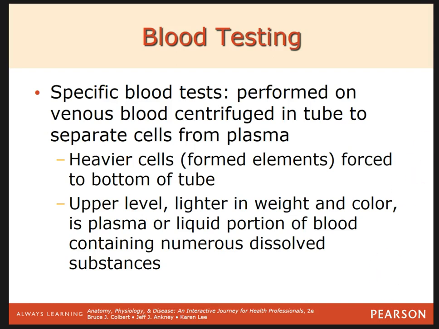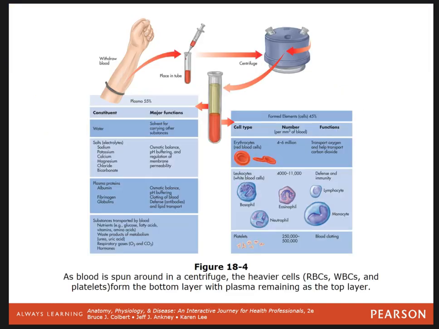So the upper level is going to be much lighter in weight and color, more plasma or liquid part of the blood. So in your book, there's this photo. The blood is drawn from the vein and put into a test tube and put into the centrifuge where it's spun around, and it separates out the components. So here we have the cellular components that fall to the bottom and the liquid component at the top.